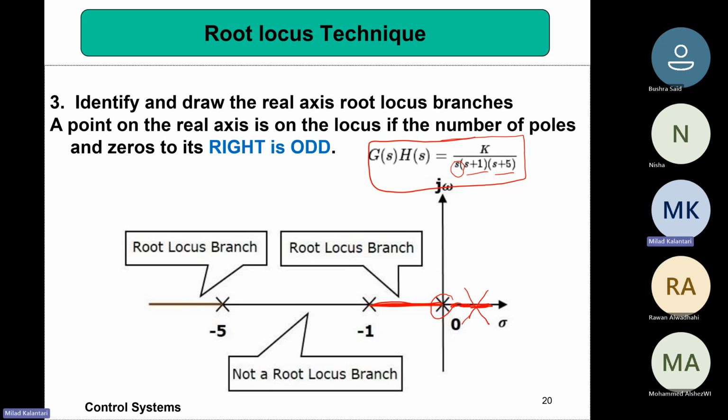How about this section? It can. Why? Because we have one pole, an odd number, right? And how about this section? Is this section possible to be a location for the roots? Cannot, since we have an even number of poles, right?